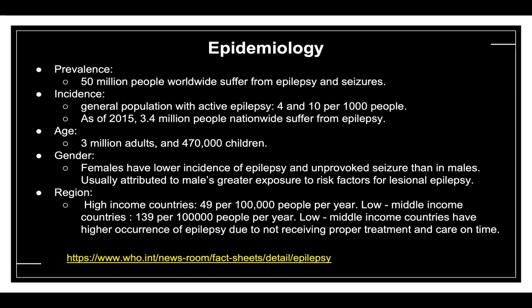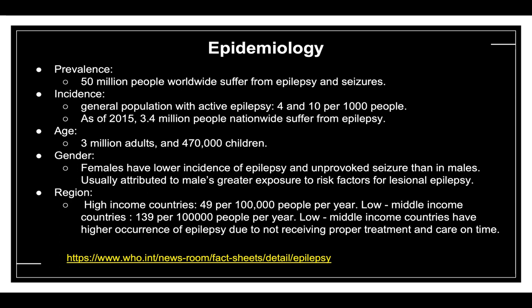So, moving on to the region, I found out that high income countries had 49 per 100,000 people per year with epilepsy, and low to middle income countries had 139 cases per 100,000 people with epilepsy.